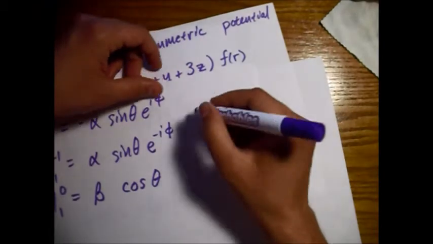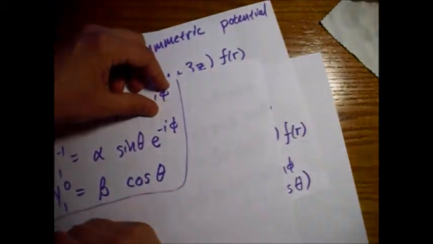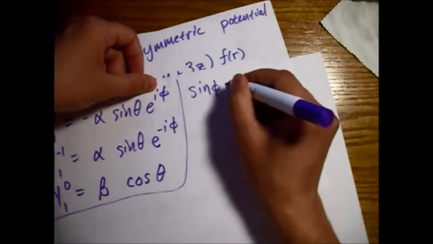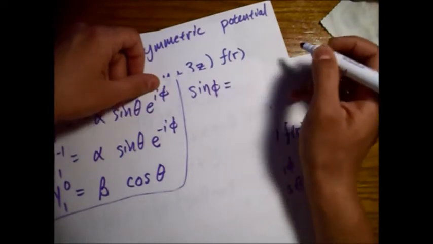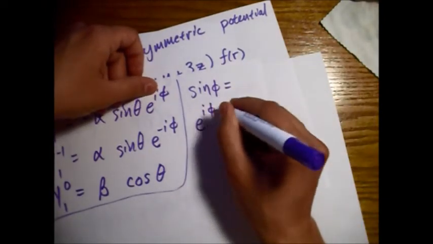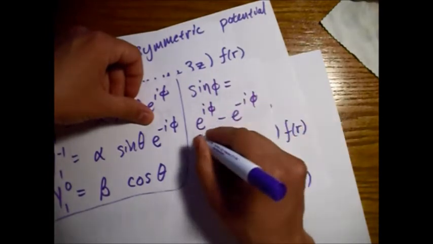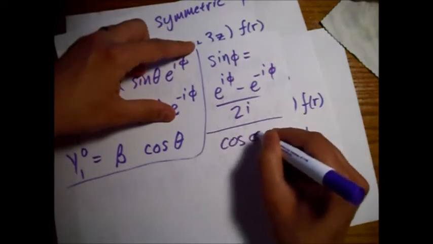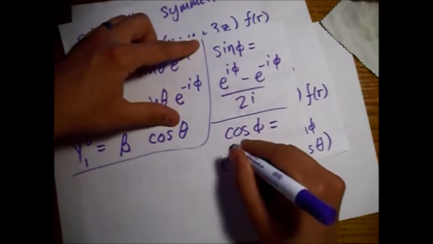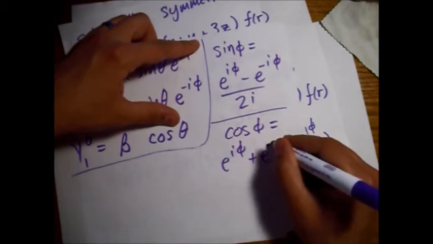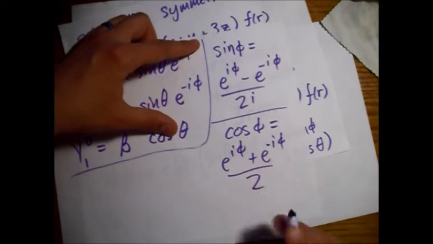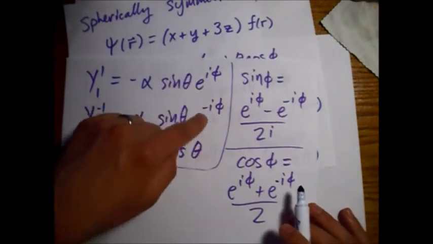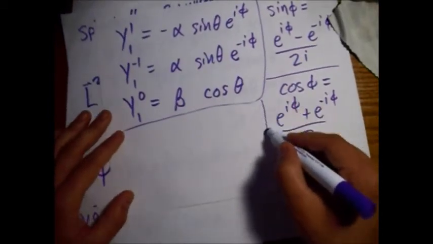We remember that sine of phi is equal to e to the i phi minus e to the minus i phi over 2i, and cosine of phi is equal to e to the i phi plus e to the minus i phi over 2. This is how we're going to get our sine and cosine of phi from this.